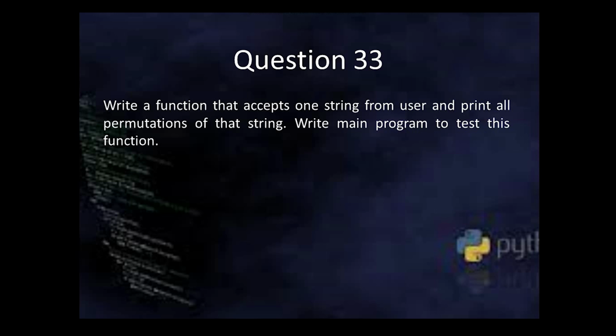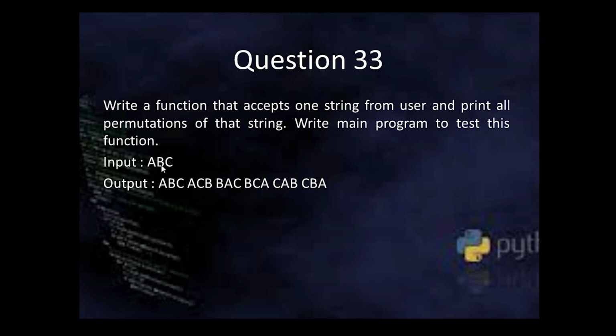Write a function that accepts one string from the user and prints all permutations of that string. Write a main program to test this function. For example, if the input is ABC, permutation means all possible arrangements of the characters in the string.